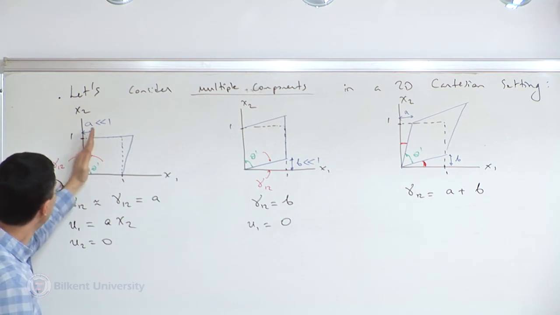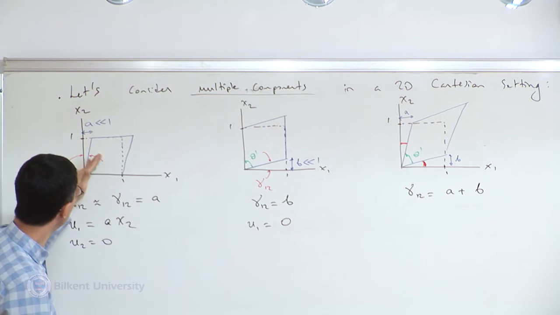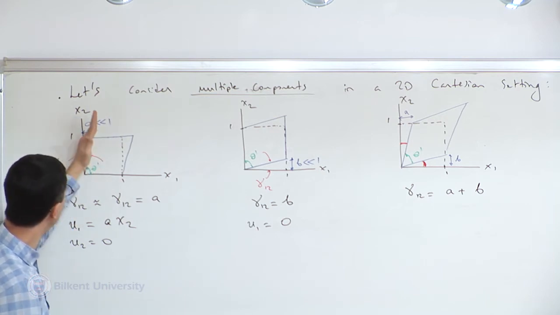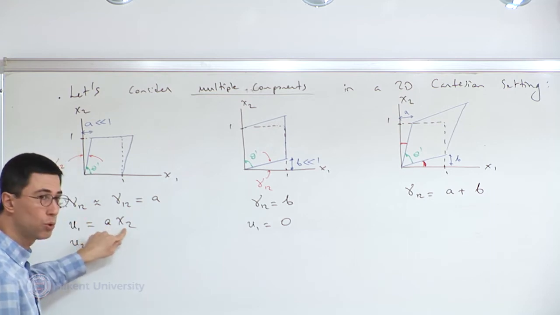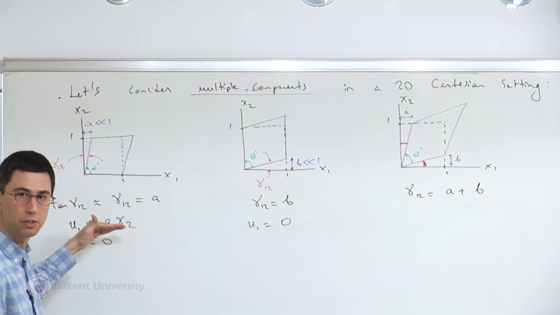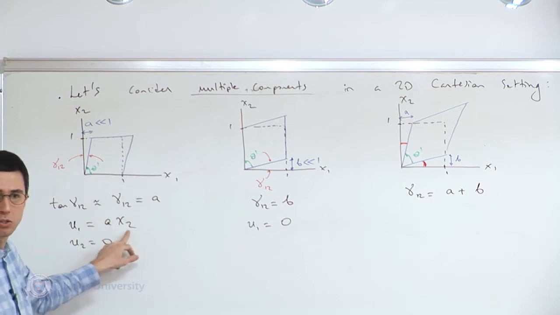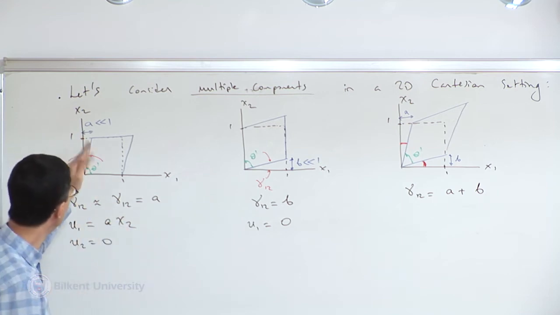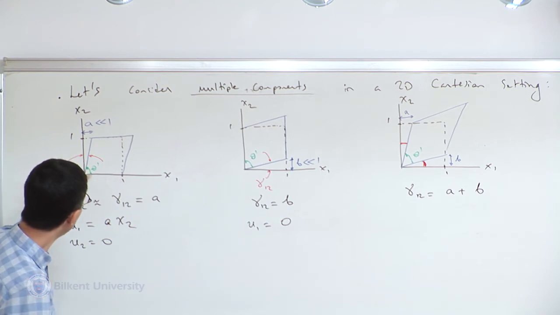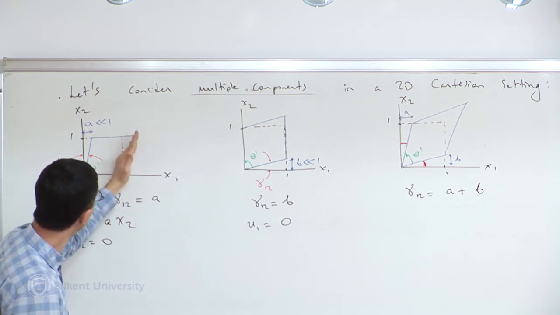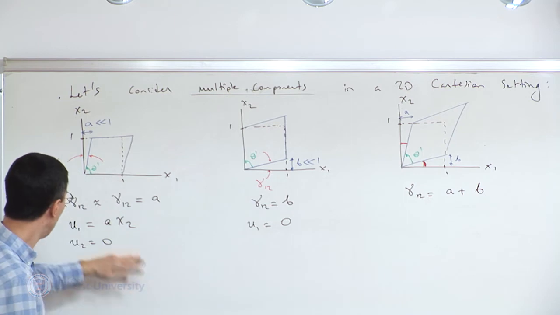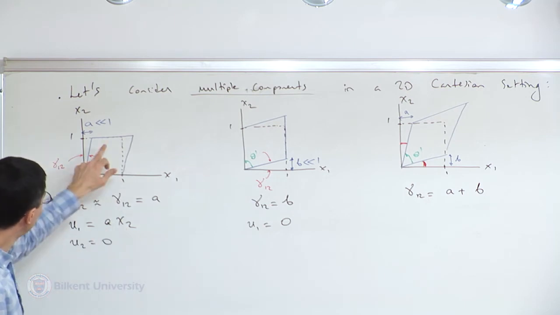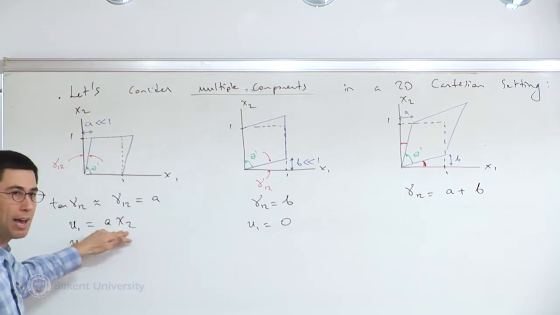And here I see a line, so it's not like a parabola, it's not some strange line, it's just a straight line, which indicates that the relation that takes U1 from 0 to A, as x2 goes from 0 to 1, is a linear relation. So it's A x2. That's the argument I make. And that relation is the same whether I'm looking at that point or that point. Here I see a similar picture just translated. So in fact, the displacement field for this picture is given as A x2.